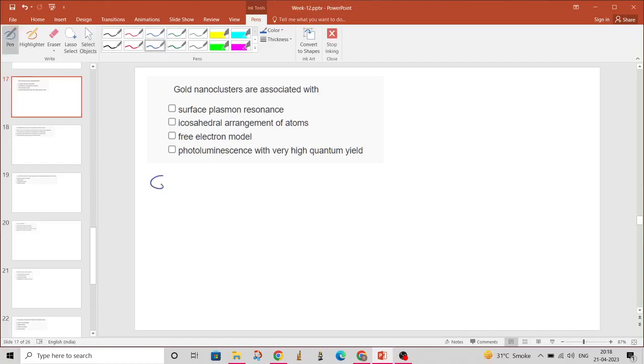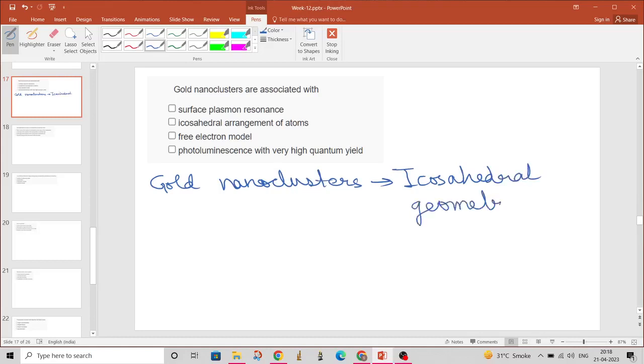Gold nanoclusters, as I told in the first question, have icosahedral geometry, so option B is correct, and they are associated with the free electron model, so option C is also correct.